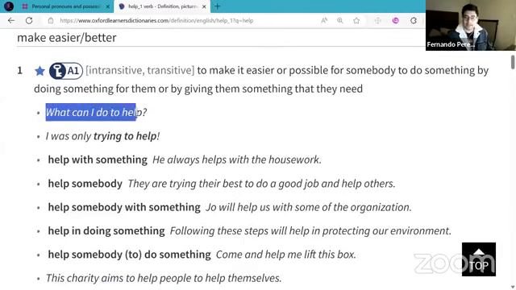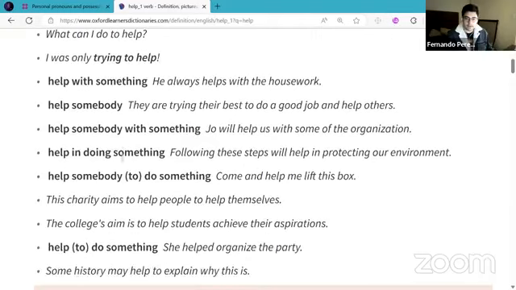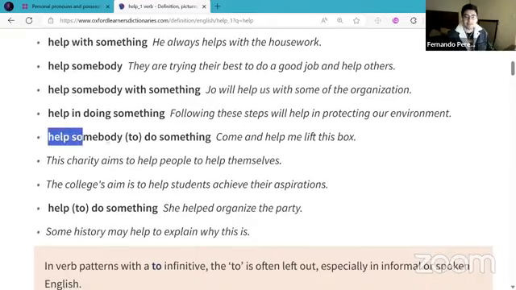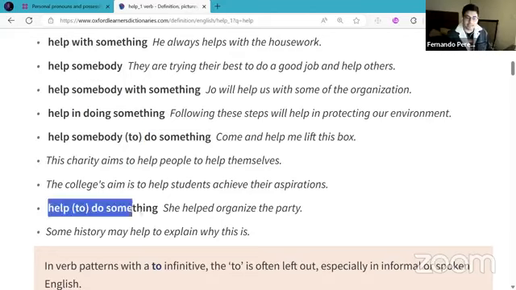What can I do to help? Let's try here. Help somebody, and then we have to between parentheses. In the second example, we also have to between parentheses. This means that the connector to is optional.